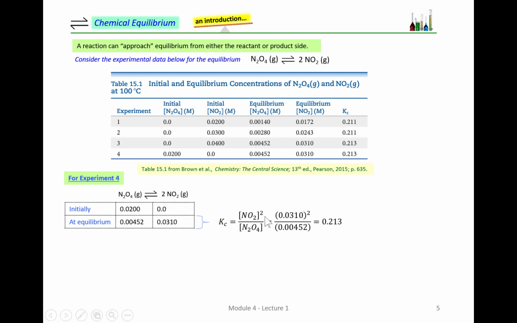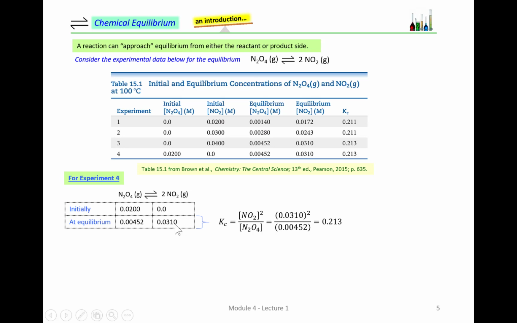And we divide by the first power of the concentration of N2O4, 0.00452, and we get the value 0.213 for our equilibrium constant. Now remember, we've done this by starting with just reactant and no product and letting the reaction come to equilibrium.